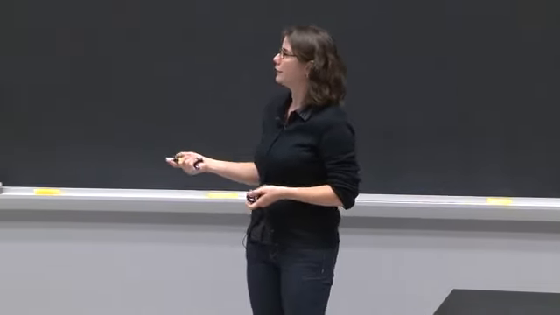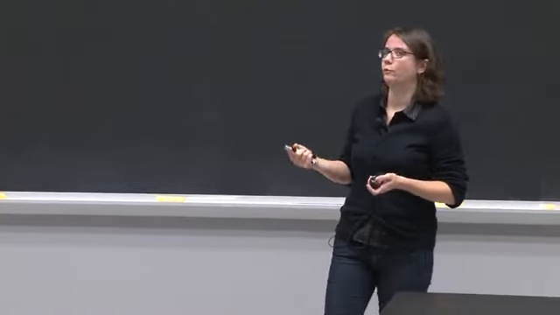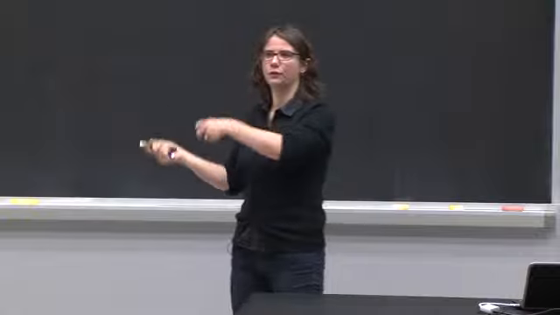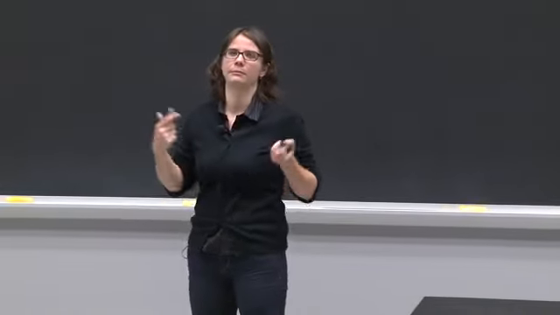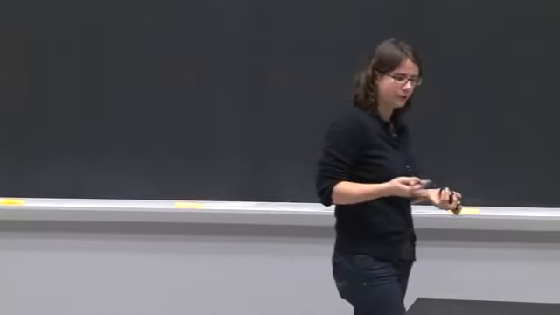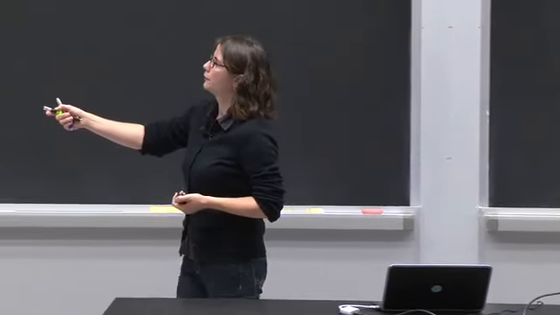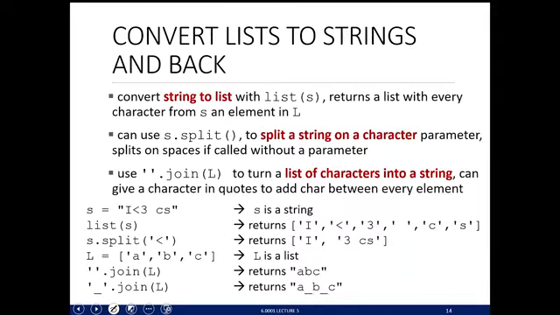Okay, another thing that we can do, and this is often useful when you're working with data, is to convert lists to strings and then strings to lists, okay? Sometimes it might be useful to work with strings as opposed to a list, and vice versa. So this first line here, list(s), takes in a string and casts it to a list.